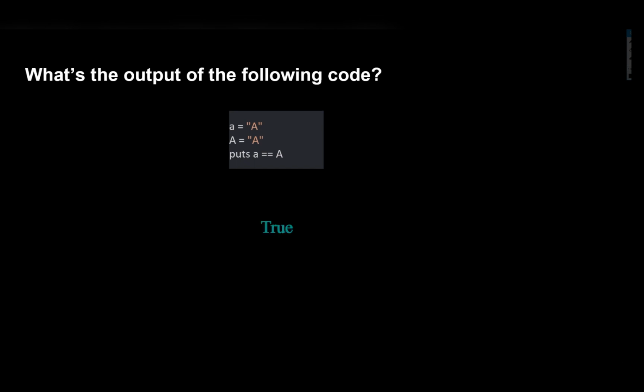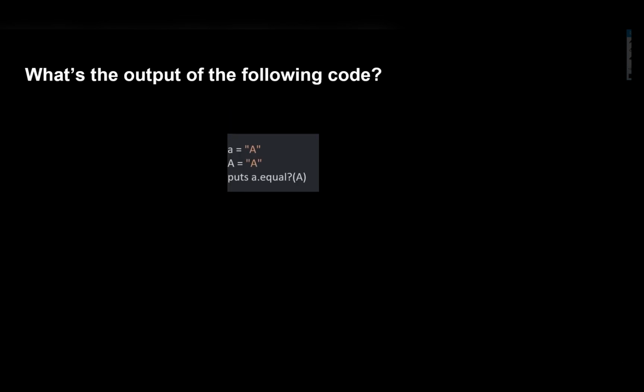I hope you guessed it correctly, because we are comparing the values, not the objects, which is true in this case. This is a similar one, but with the equal method that we have discussed. As you can guess now, the output will be false, since we are comparing the objects and we are asking, are these the same object? And in this case they are not, because they are two different definitions.